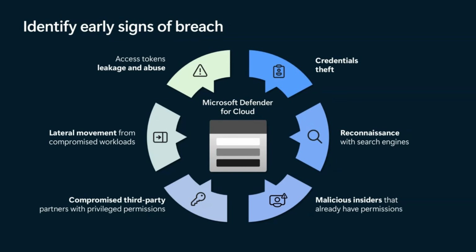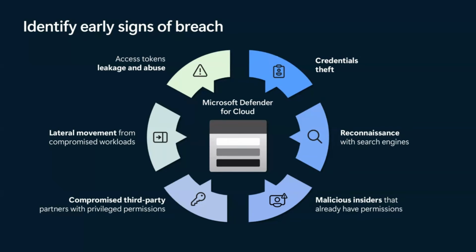So we track a wide range of activities with Defender for Storage, whether it's access token leakage, credential theft, reconnaissance, right? We can see who's accessing your storage account, from which applications, from which geographies, and alert on anomalous access, malicious insiders with permissions, compromised third-party keys, lateral movement.